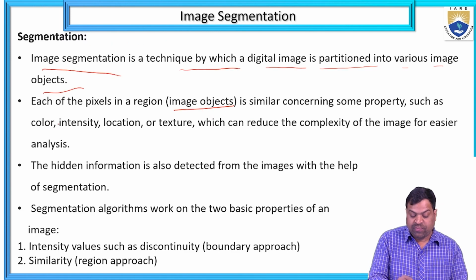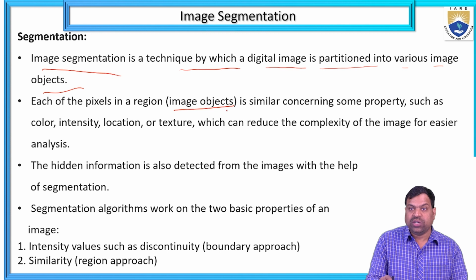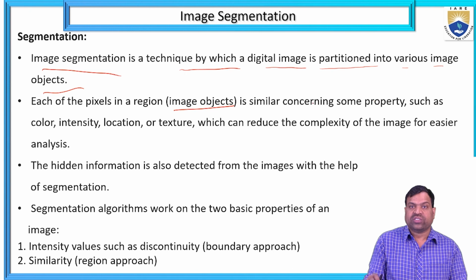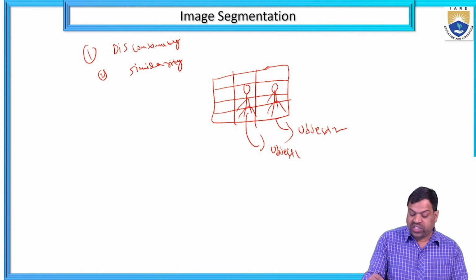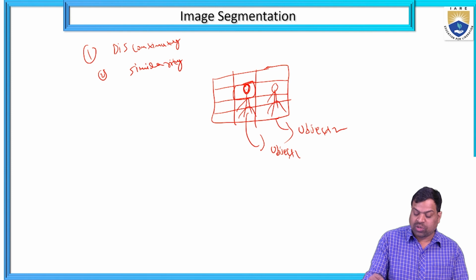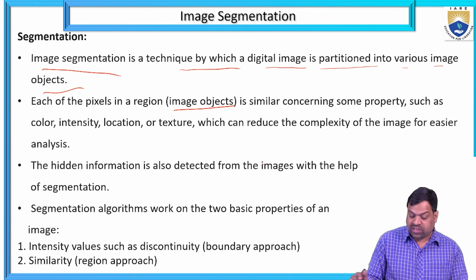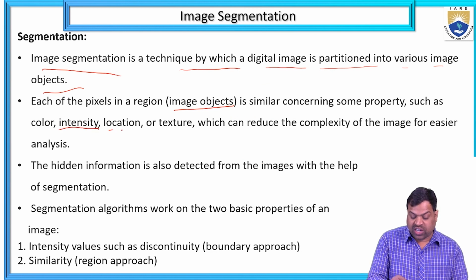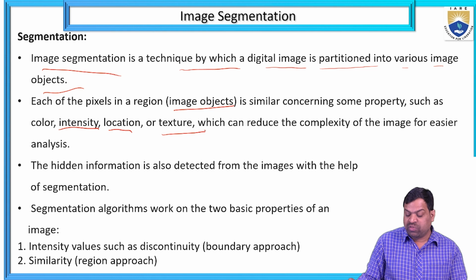Each pixel in a region or image object is similar concerning some property such as color, intensity, location, or texture. Suppose here, what is the color of this image? Suppose here it is black. What is the intensity value? And what is the color?